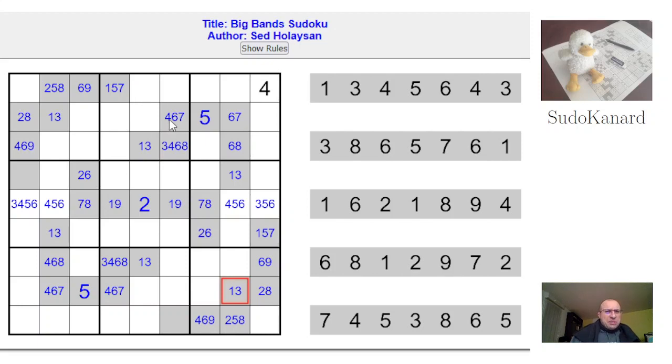Let's focus on the puzzle. So we know that both 5s are surrounded with a 6. So there is definitely a 6 in here. There is a 6 in here. I'm not sure it was wise to pencil mark so much, but I'm really not seeing what else to do.